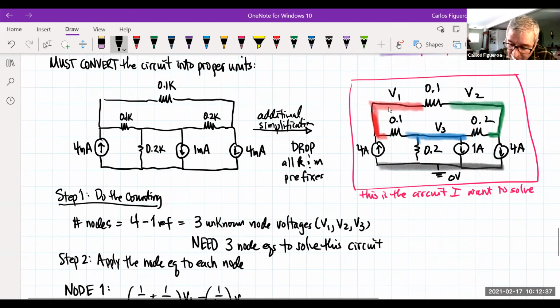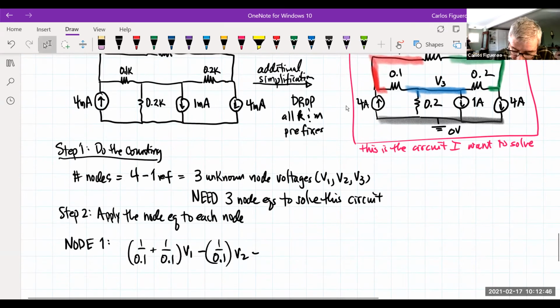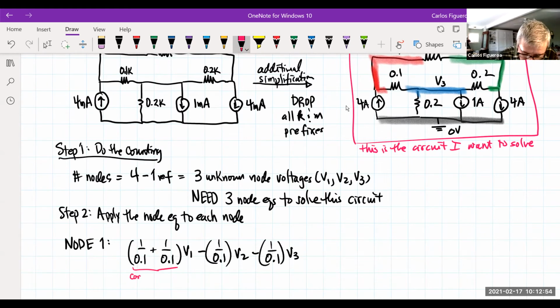And note, there's this red one and the blue one connected to node 3. So that guy's going to be 0.1 V3. So you're seeing here that this is connected to V1 and that these guys are the mutual ones.